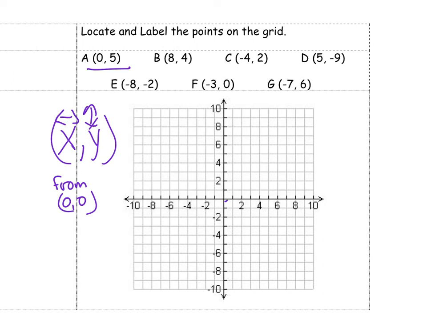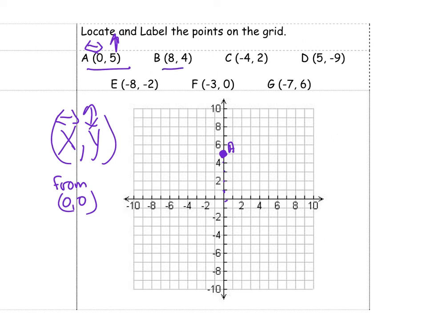That means we're going over 0, up 5. So 1, 2, 3, 4, 5. It would be right there. So we put the closed circle right on that grid, and you write the letter next to it. So you're not putting the letter on where the grid is. You're putting that closed circle.